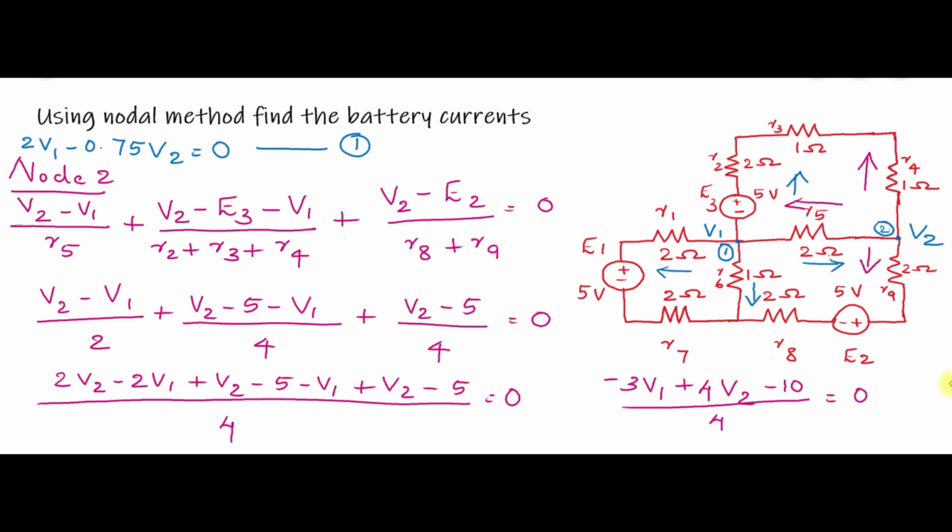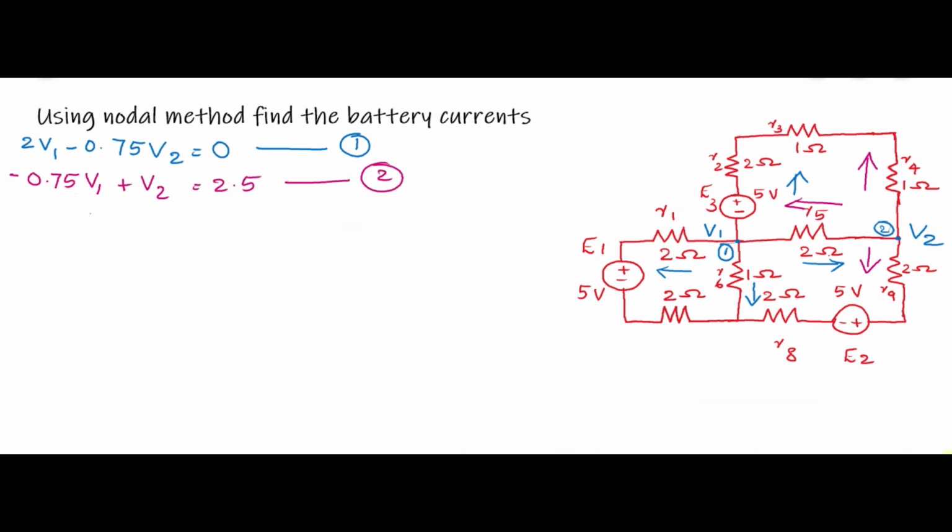Minus 3V1 by 4 is minus 0.75V1, plus 1V2, equal to 10 by 4, which is equal to 2.5. Name it as equation number 2. So we got two equations. Solving these two equations, we get V1 as 1.3 and V2 as 3.47.